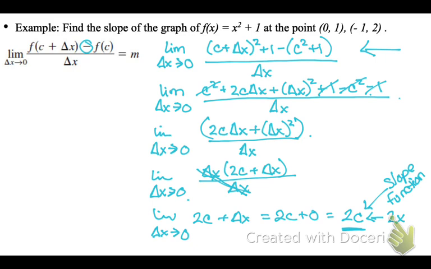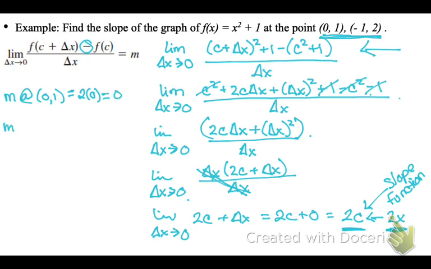So now I have 2 points, yes? If I want the slope at 0, 1, what am I going to plug into 2x? What is the x? 0. So it is 2 times 0, which is 0.